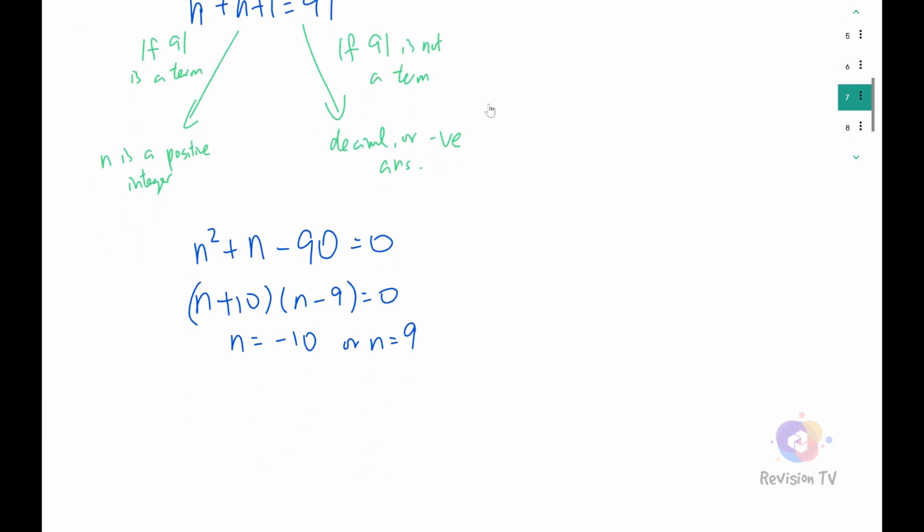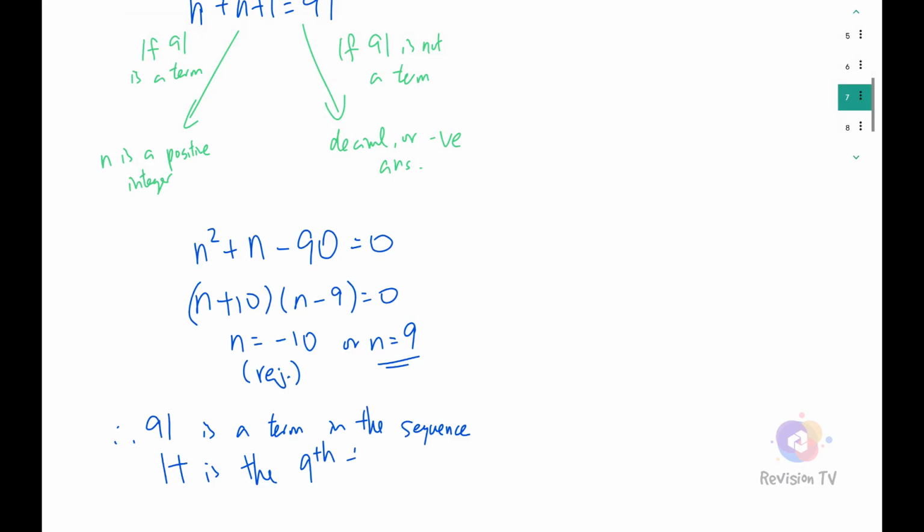Therefore, for n equals minus 10, n is the term number, so we cannot have a negative term, so we reject it. So we'll say, therefore, 91 is a term in the sequence. It is the 9th term.